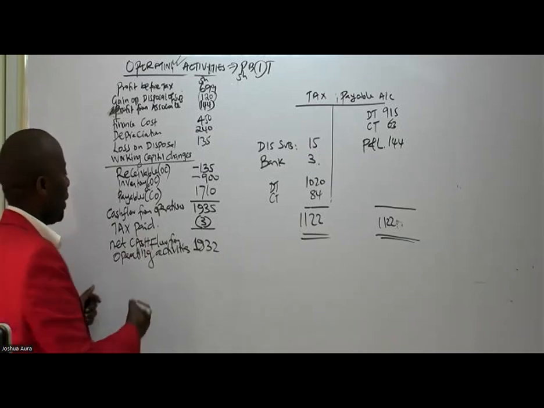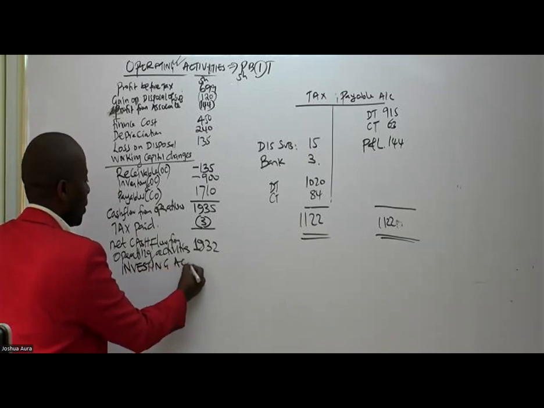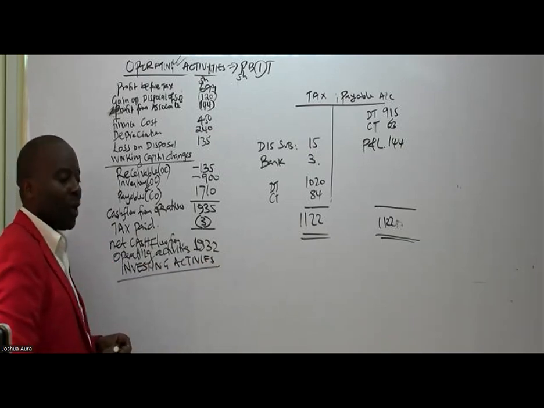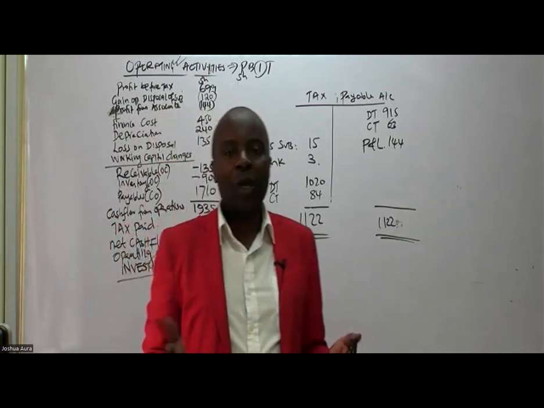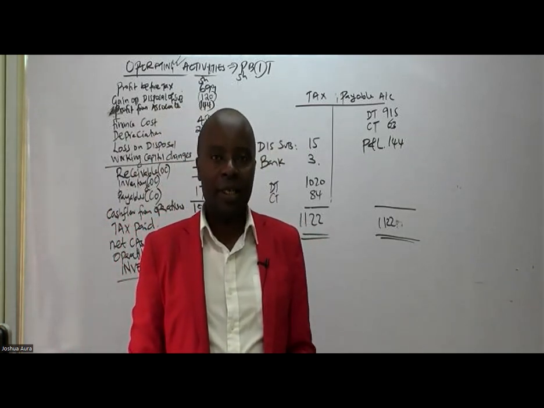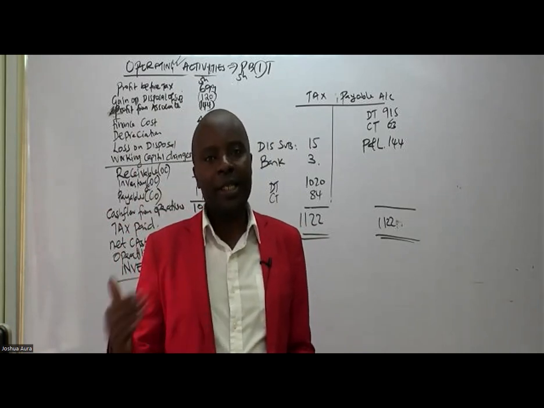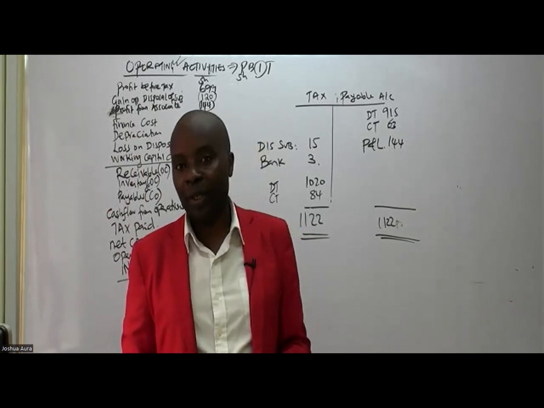Now straight away, we go to investing activities. Basically, we are looking at our property, plant, and equipment. We are looking at our assets, the PPE, subsidiary, etc. So on investing, we will ask ourselves in the year, what happened with our PPE movement register?